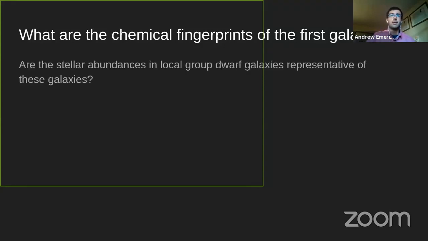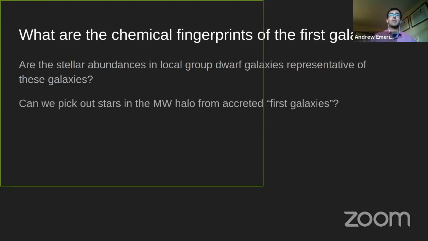In detail, the questions I'm interested in are: how are the stellar abundances of Local Group dwarf galaxies potentially representative of the very first galaxies? Or is it the case that the very first galaxies and their chemical signatures are better represented in stars in the Milky Way halo? And by understanding what those signatures are, can we know which stars in the Milky Way or the Local Group are remnants from the very first structures in the universe?